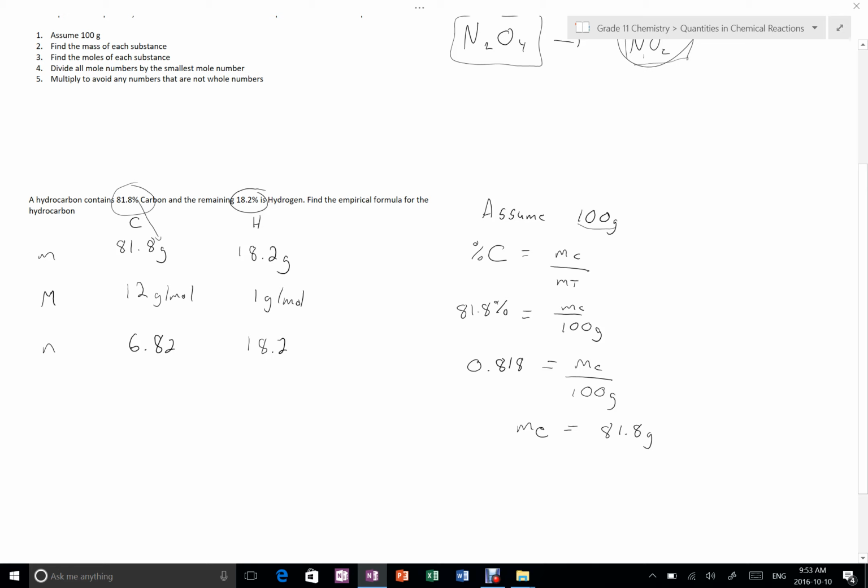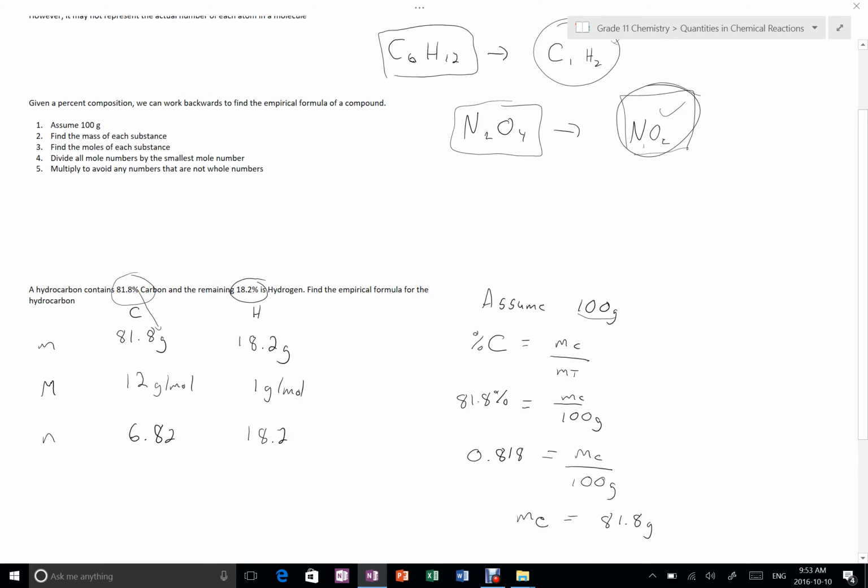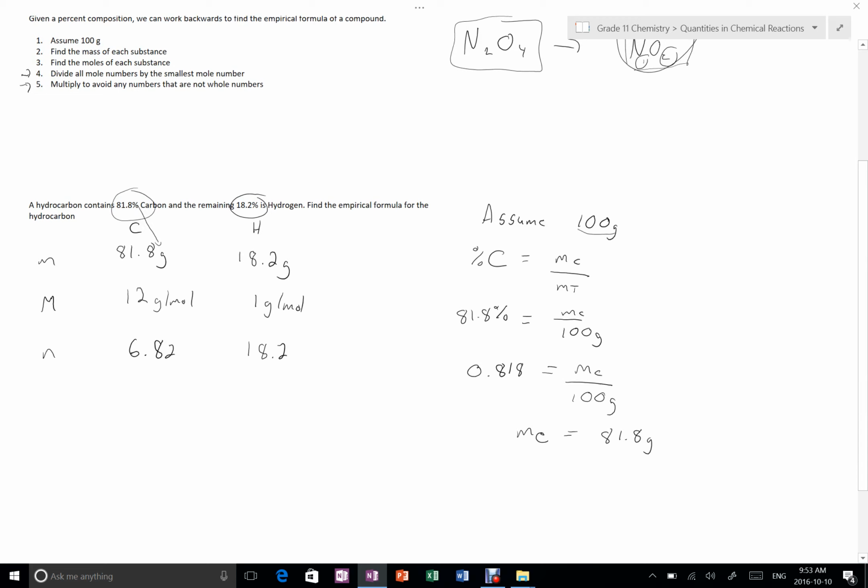Now I've got some funny numbers here that aren't helping me that much, because what I really want is a whole number ratio between these numbers of particles. So this is where the two tricky steps that I was describing come in. I'm going to divide both of these numbers by the lowest number. So here 6.82 is less than 18.2, so I'll divide both numbers by 6.82.